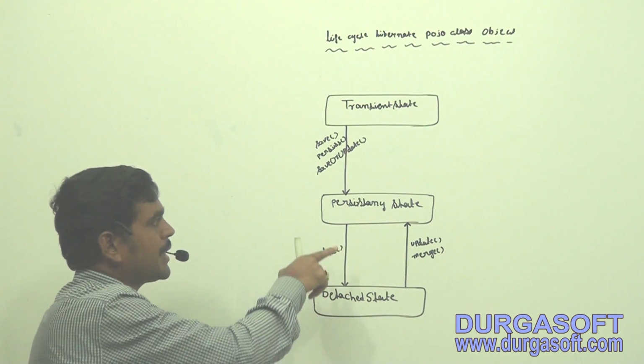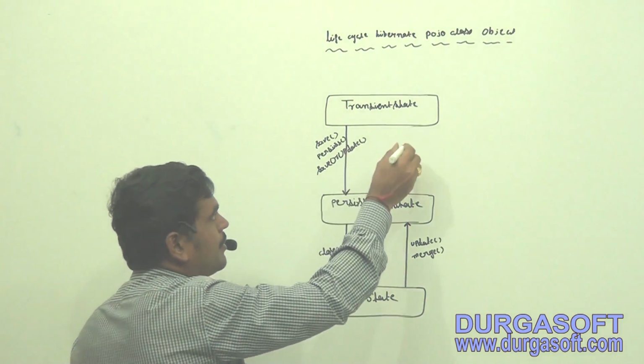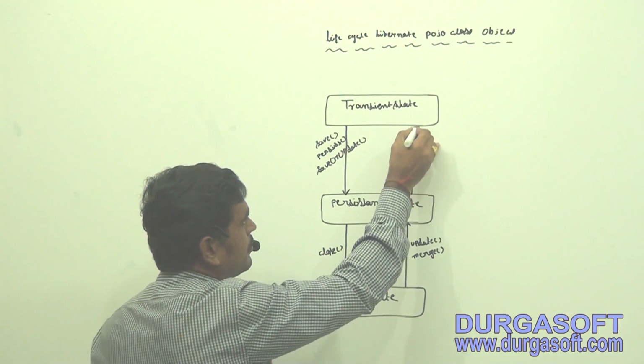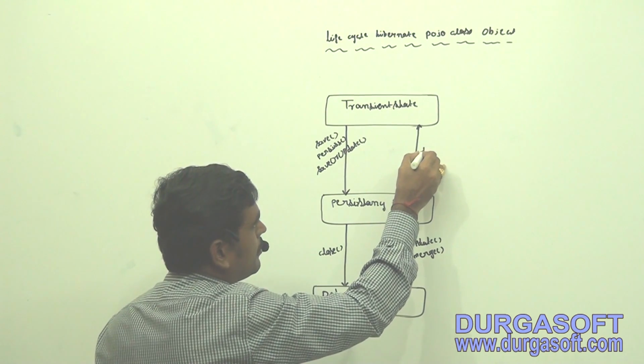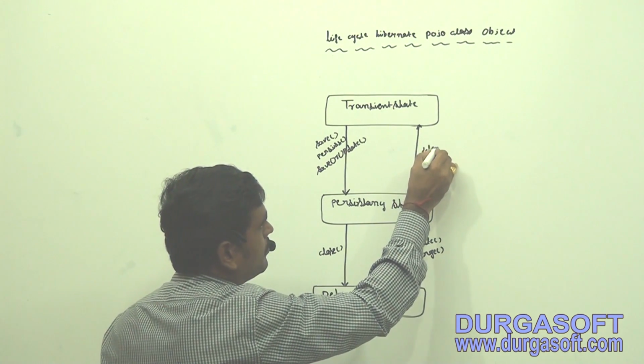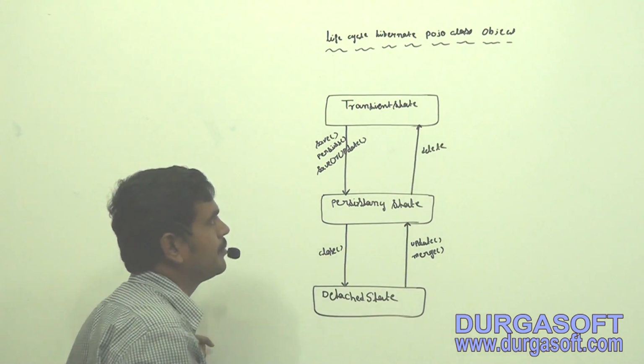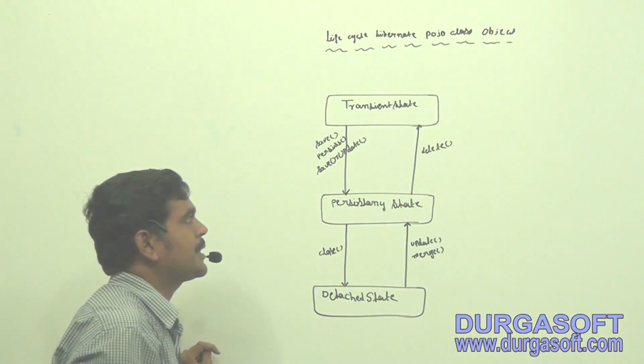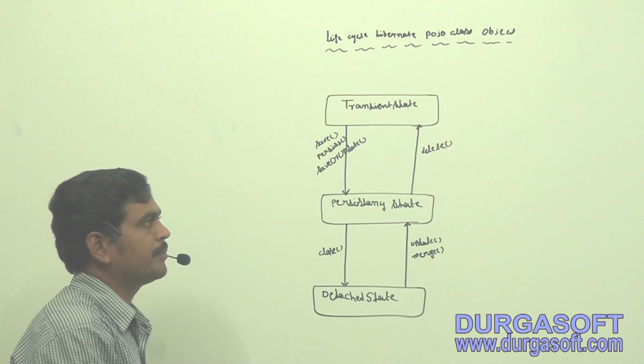When our object becomes persistent state to transient state, we can use the delete method, then it becomes persistent state to transient state.